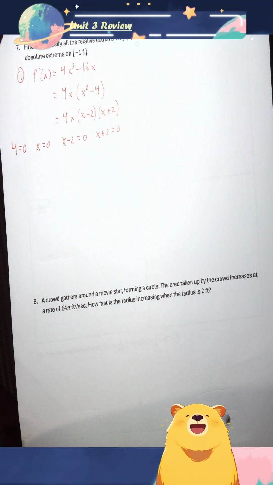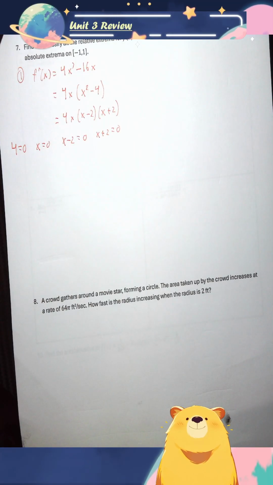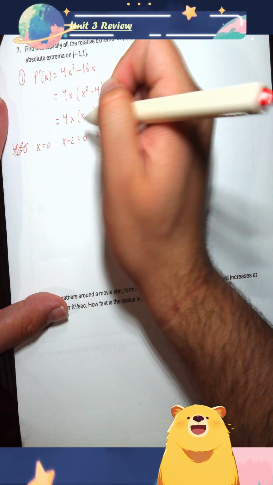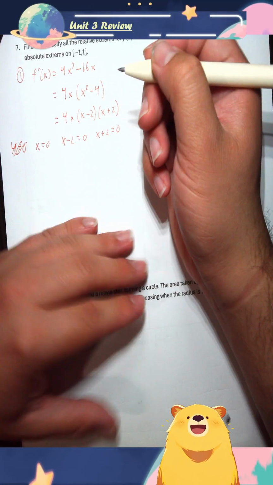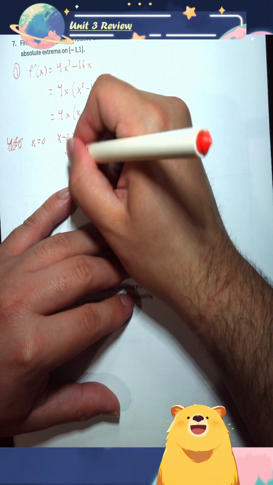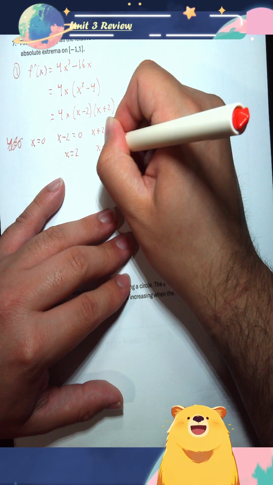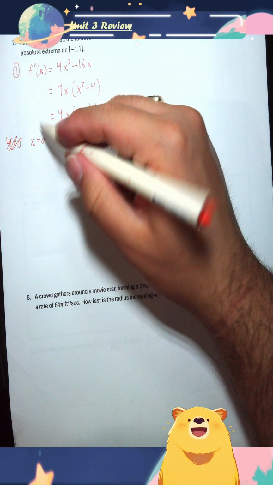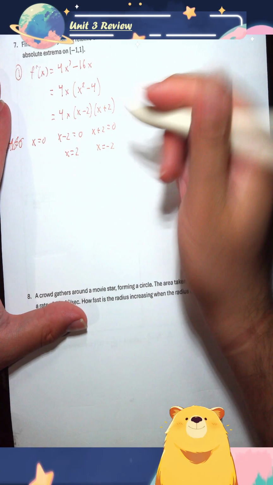In all these cases, though, you do see that the 4 equals 0 doesn't provide any information. X equals 0, well, that can happen. And when x minus 2 equals 0, then x is 2. And when x plus 2 equals 0, then x is negative 2. So these three are our critical points. Okay?